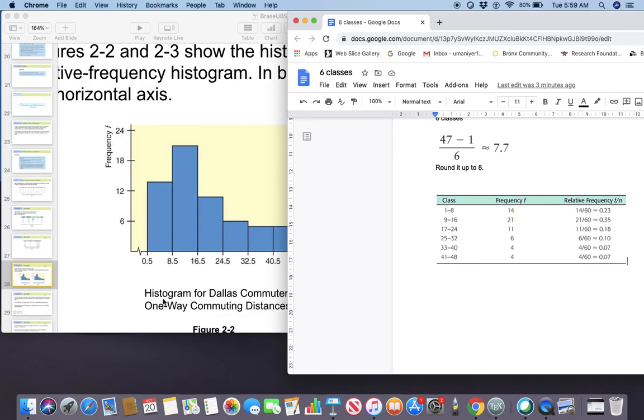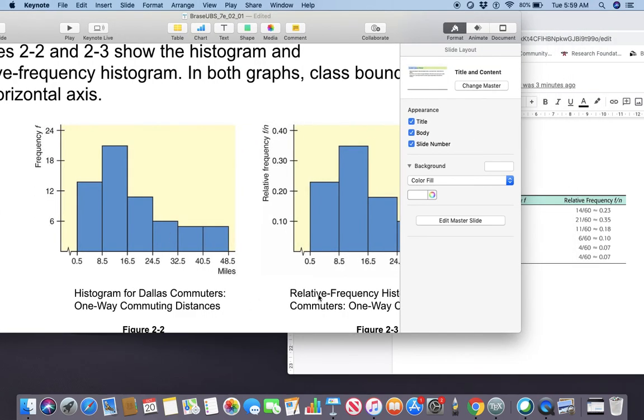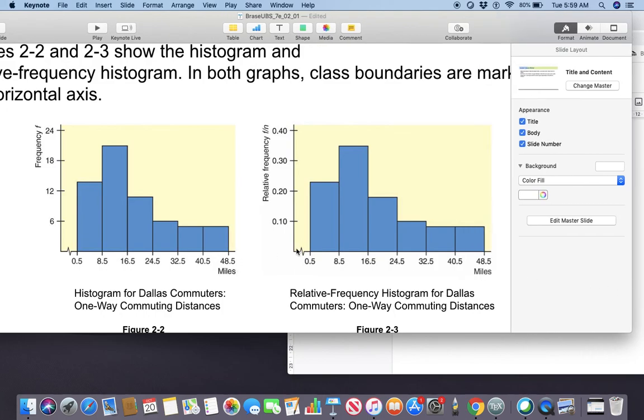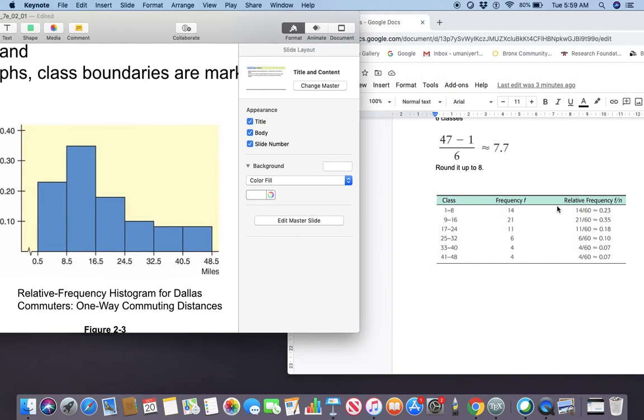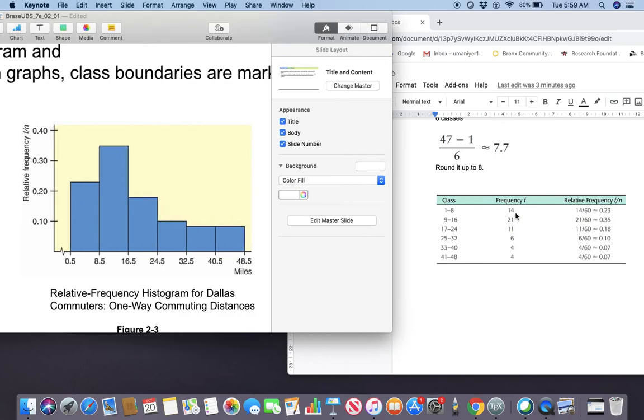So that is a histogram. A histogram is drawn using frequency. Now, a relative frequency histogram is drawn using relative frequency, you see. So it's no longer 14, it's 0.23 for the first class. For the second class, height should be 0.35.